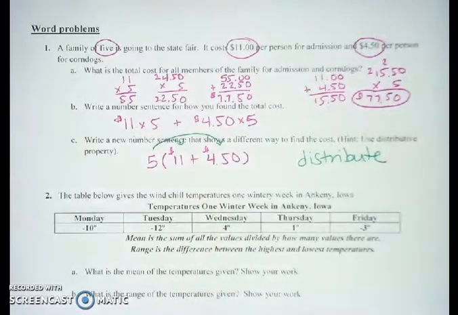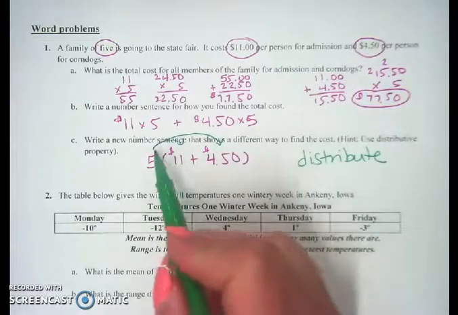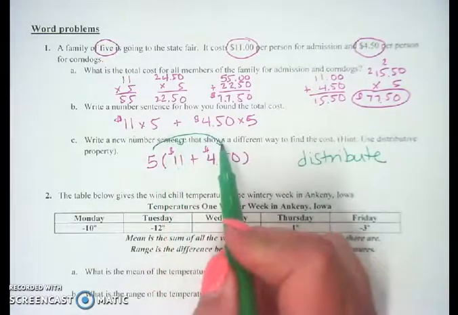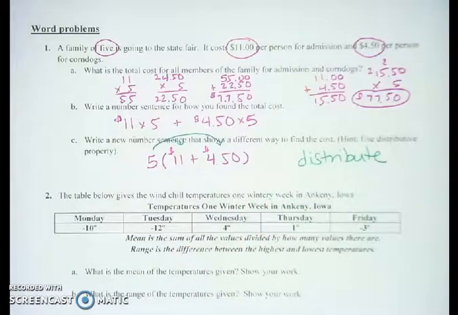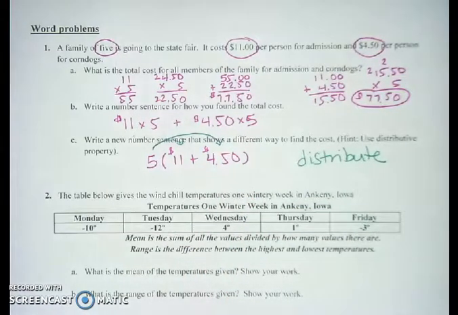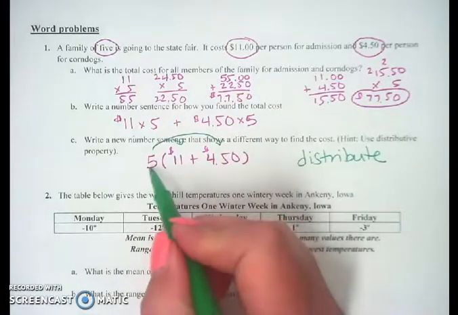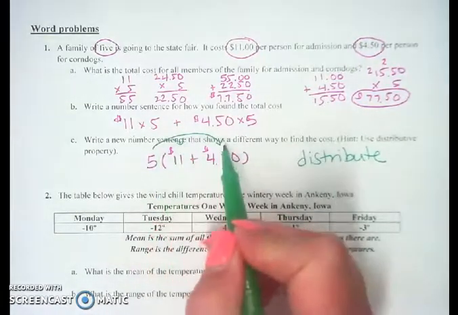So what that means is when there's parentheses, I take 5 times 11 and 5 times $4.50, and it'll give you this equation that we wrote up top. We'll look at another example here at number 3. Right now I'm just starting to introduce you to the idea of distribute. Anything outside the parentheses, you multiply times everything inside.